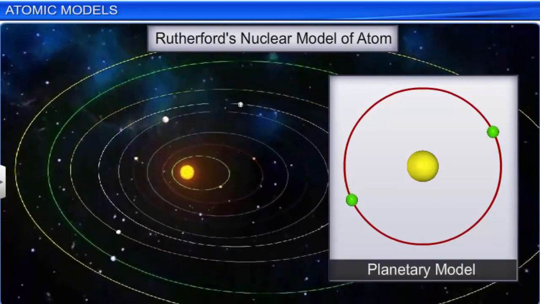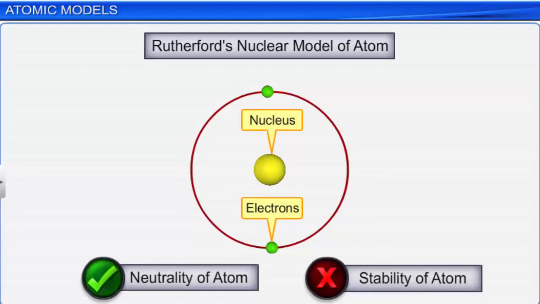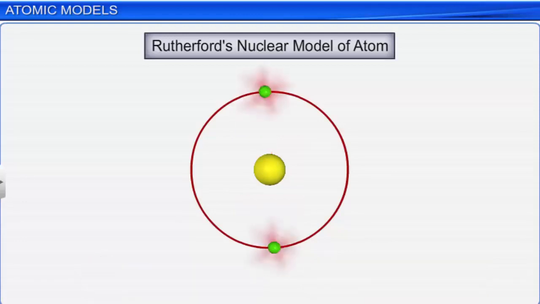Thus, Rutherford's model could account for the presence of nucleus and electrons outside the nucleus. However, it failed to explain the stability of an atom. According to Maxwell's theory of electromagnetic radiation, a charged particle in circular motion emits energy continuously.